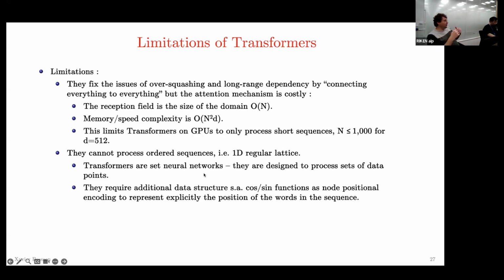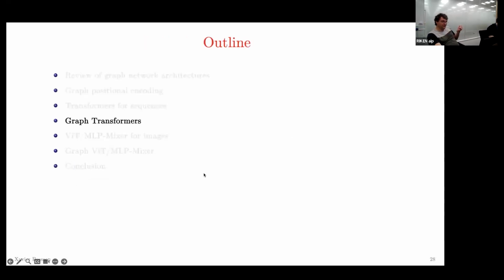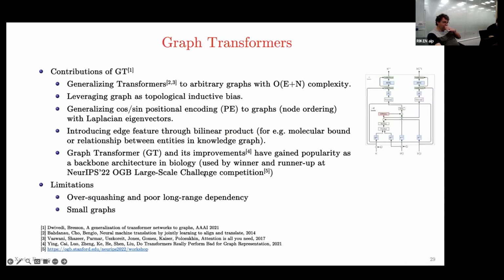If you use a transformer, it is invariant with respect to the ordering of your input vectors, right? So you need a positional encoding, and the positional encoding depends on the domain you want to apply it to. So, graph transformer. What we did was in 2020. We said, okay, it looks like a good architecture, but what happens if you want to add edge features, okay?